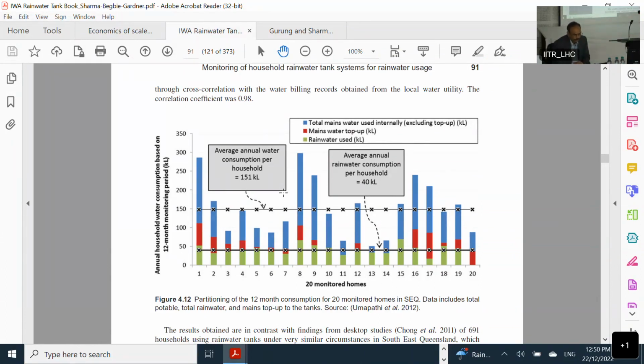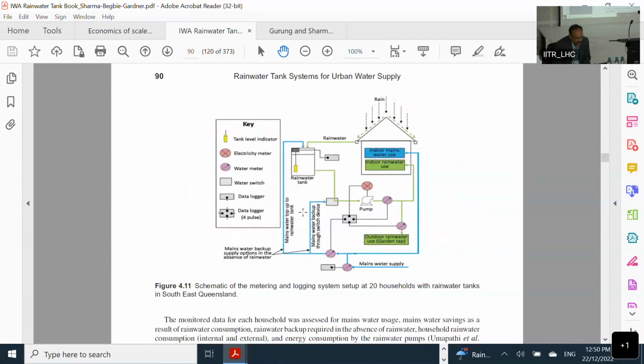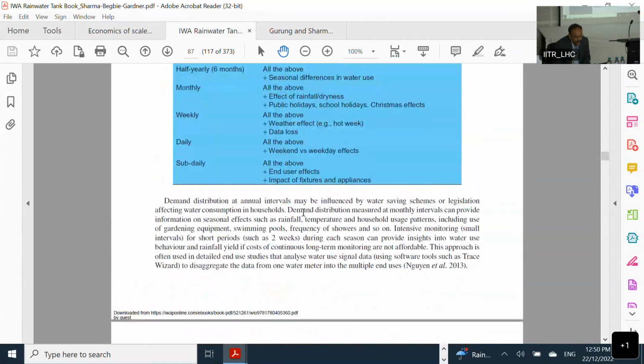So you can see the average annual water consumption per household was 40 kiloliter. There was a government policy that made rainwater tanks mandatory, assuming a certain amount of water would come from them.